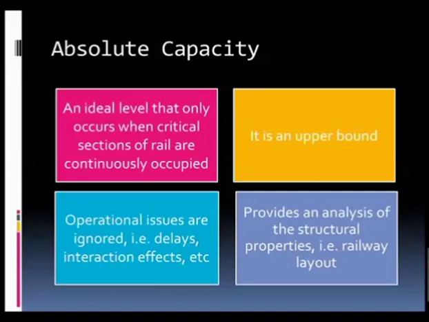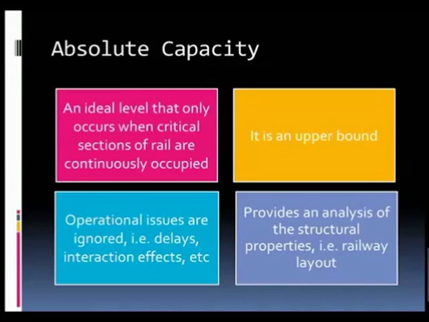So this form of capacity is an ideal level, and it looks at saturating critical sections of the network and then counting how many trains you can actually put through the system. So it intentionally ignores things like delays and interaction effects and any other stochastic factors. And it also ignores some operational procedures that affect capacity.